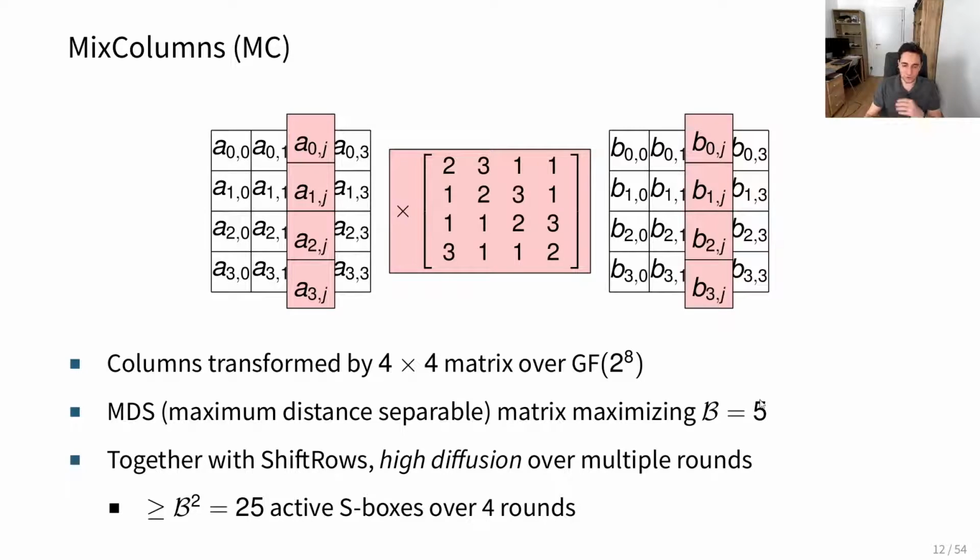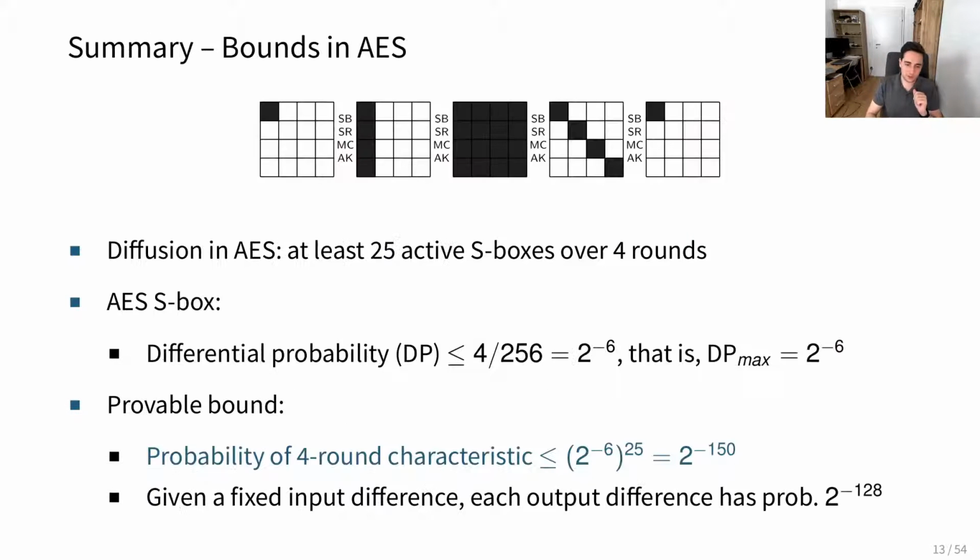And if we do that for 4 rounds, we essentially square this, and we get 5 times 5, which is 25 active S-boxes over 4 rounds. But now we know that the AES uses more than 4 rounds, so we can essentially iterate that computation, and we can achieve a provable bound even. Focusing only on 4 rounds, we know that at least 25 S-boxes are active.